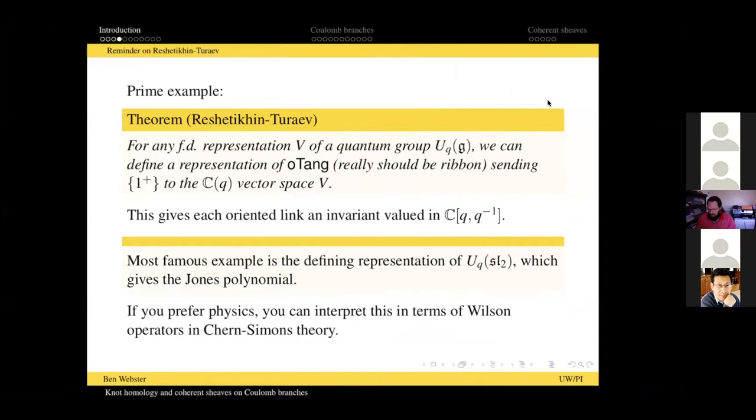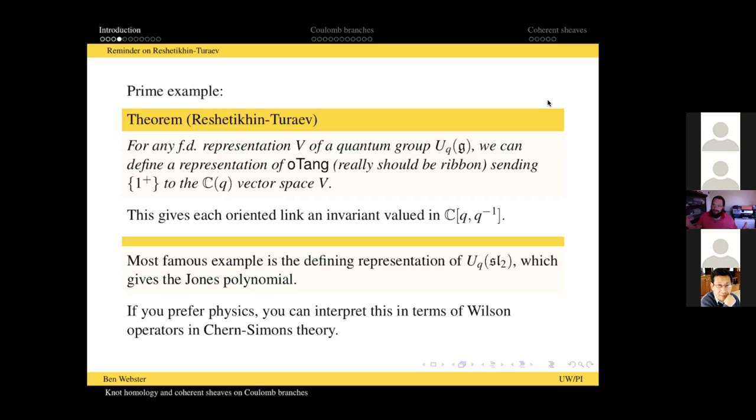A prime example of this is that for any finite dimensional representation of the quantum group associated to a simple finite dimensional Lie algebra, we can define a representation of O-tang. This was defined by Reshetikhin-Turaev, sending plus to that representation.